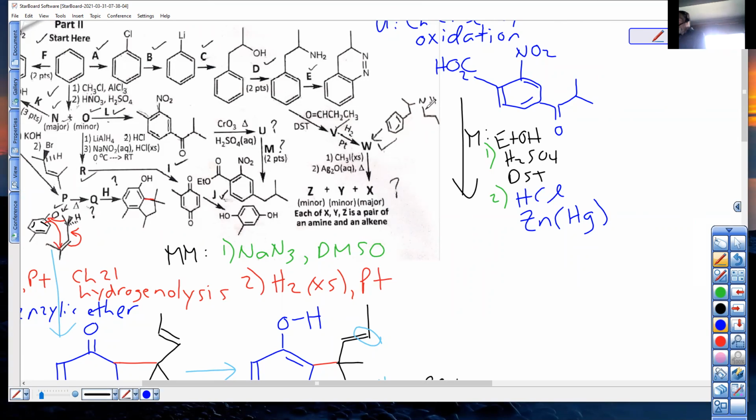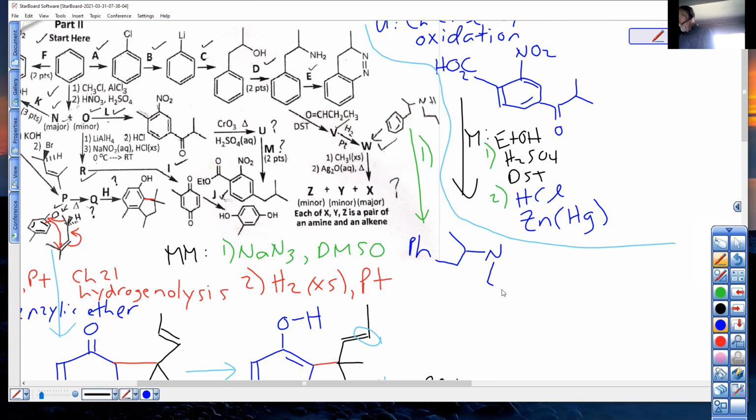So let's just break it down here, okay? Step by step. I got my pen. Separating U out from this story here. So step 1 from here with excess methyl iodide gives us the phenyl CH2C with a methyl, N with no more hydrogens and a propyl.